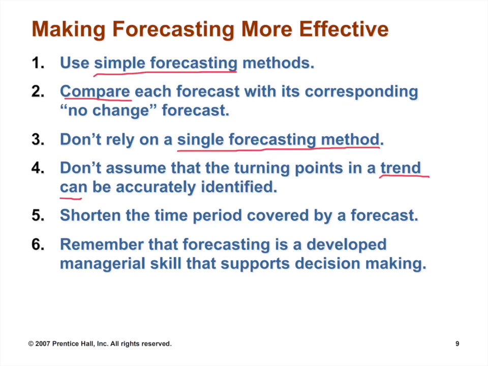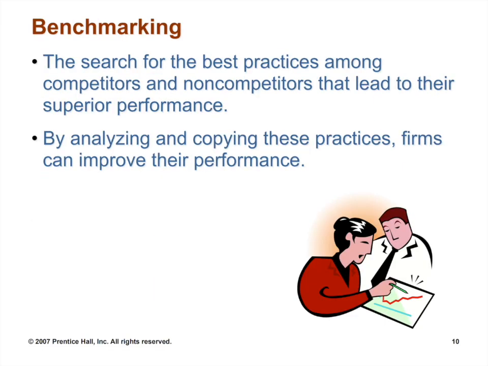Shorten the time period covered by forecast. Yes, the forecast is mostly accurate for a shorter time period. Remember that forecasting is a developed managerial skill that supports decision making. So accuracy in making forecasting is a managerial skill, and that can support the decision making of the manager.